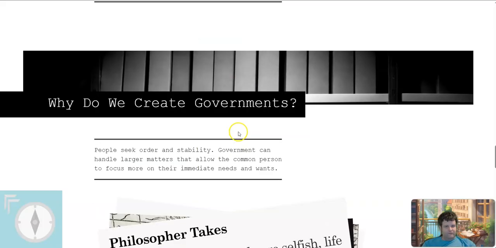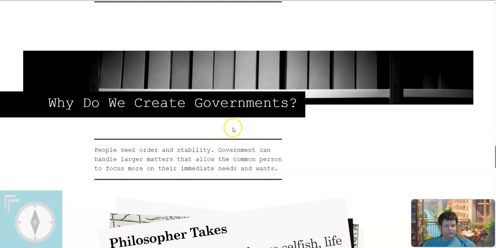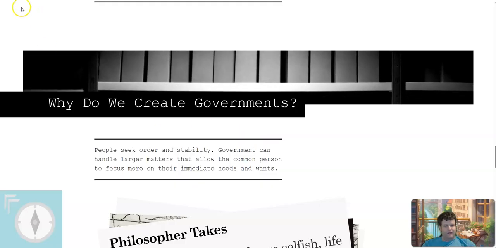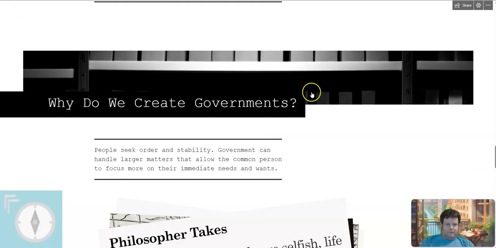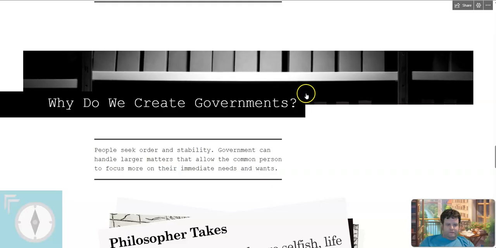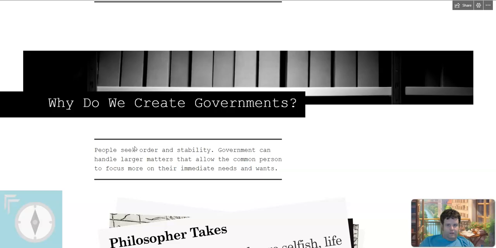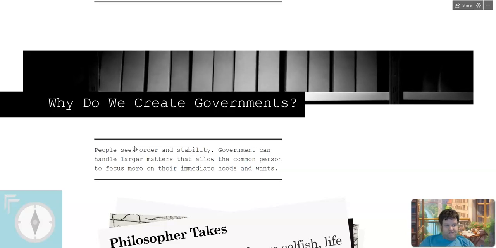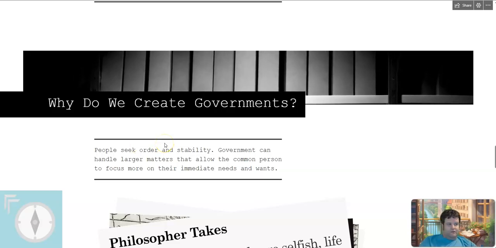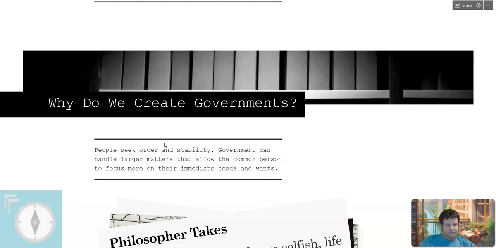This leads us to the philosophical question of, why do we have governments? Why do we create these things? Well, the easy answer to this question is people seek order and stability. Seems kind of obvious. People and society as a whole often lean on government because it offers a chance at greater stability.